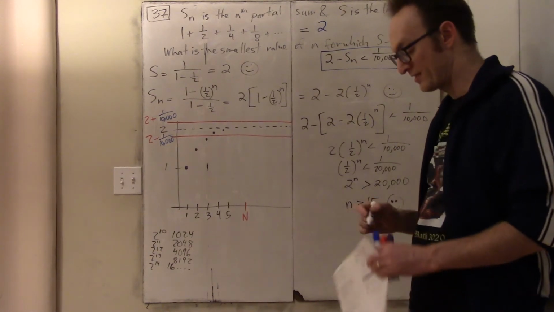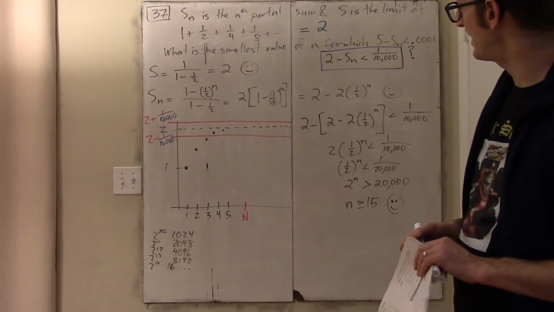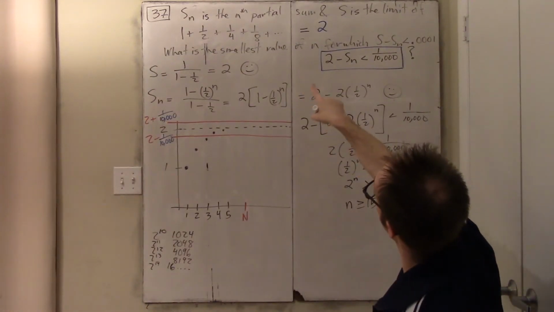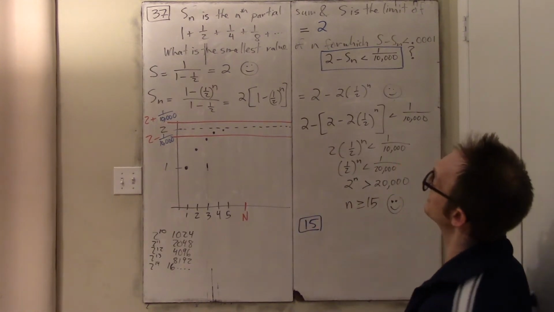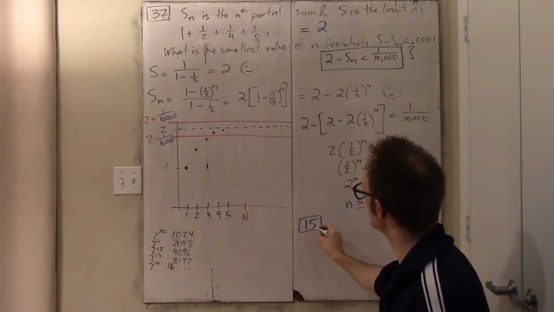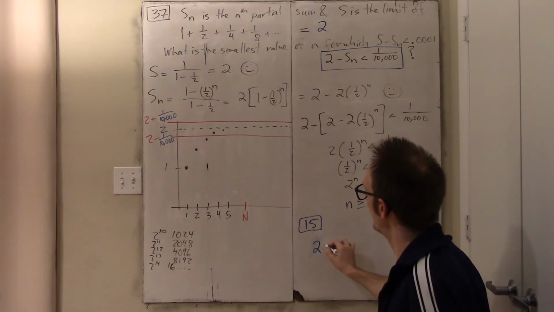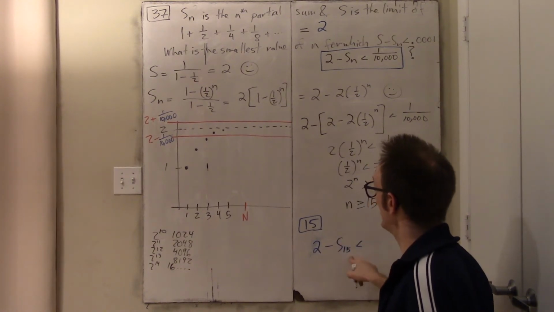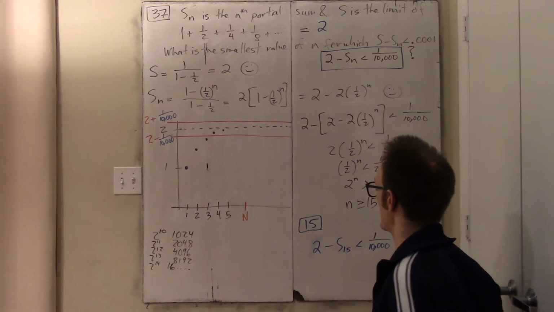And so the answer is that I have to go out to 15. The smallest n, so the answer to this problem, is 15. Why is 15 the answer? Because 15 is the smallest number such that the gap between 2 and the 15th partial sum is finally so small that it's less than this challenge of 1 over 10,000.